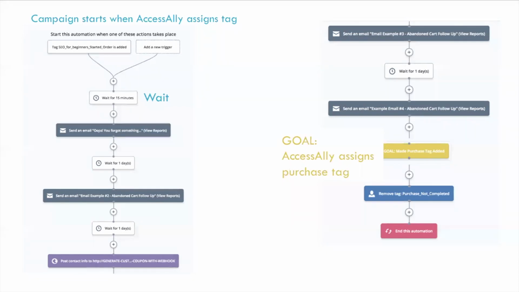And so there is the first follow-up email, maybe something like, oops, you forgot something. And then we wait for 1 day and send another follow-up email. And all that time, if the person completes the purchase, there will be a tag assigned and they will jump here, which means that they're not going to get any more follow-up emails if they actually purchase.